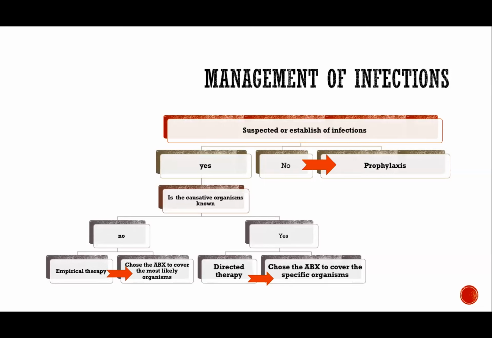For the management of infection, this is an overview of how the infection is to be managed. The first question is, does the patient have an infection present? We suspected this patient has an infection, maybe he got a fever and other signs of infection, but the answer may be no. And then what we use is prophylaxis: using antibiotics to prevent a healthy person from becoming unwell.